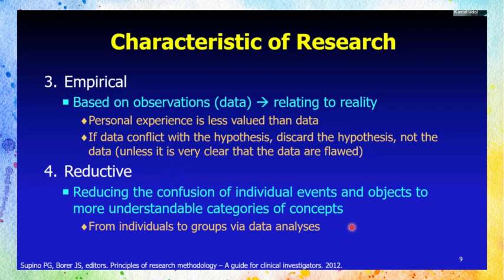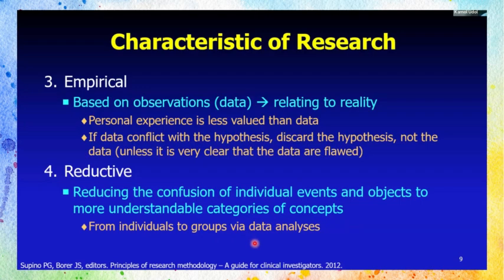We cannot make any sense if we look at each particular value in each particular variable. So we need to summarize them. We have to reduce them from numerous numbers to just a few numbers that we can make sense of. So from individuals' data, we need to summarize them into groups using the process of data analysis.